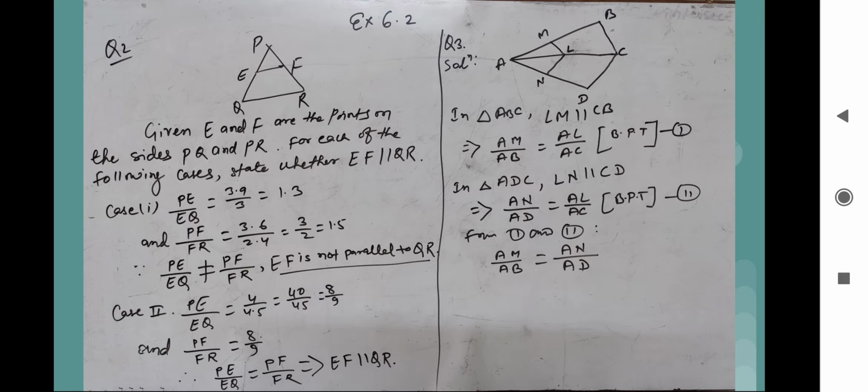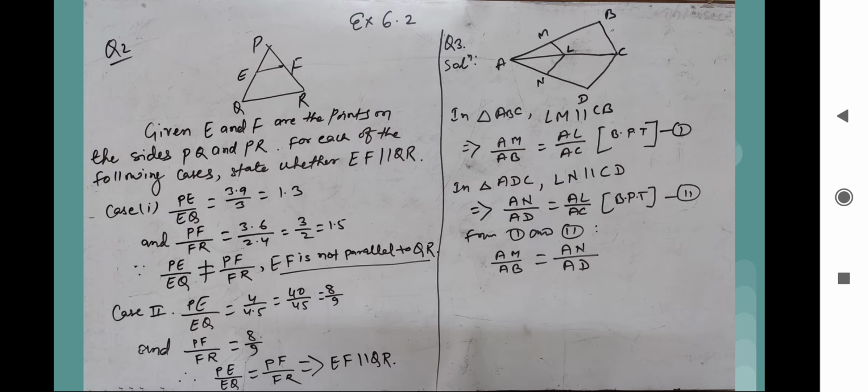Similarly, we check case 2. PE by EQ is equal to 4 by 4.5. When we remove the decimal of the denominator, we get 40 by 45, which we can cancel to get 8 by 9. Again we find PF by FR.